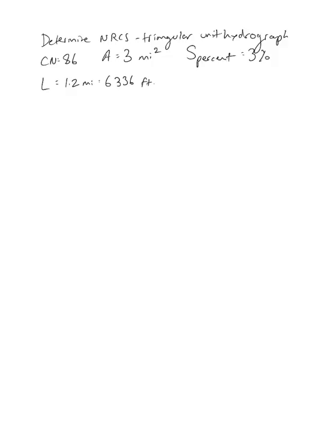All right, so we're going to look at the equations we just went through in the lecture and calculate our T sub L. It's L to the 0.8 times S plus 1 to the 0.7, divided by 1900 Y to the 0.5, where Y is the slope in percent.